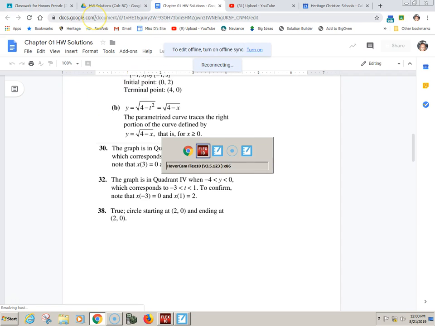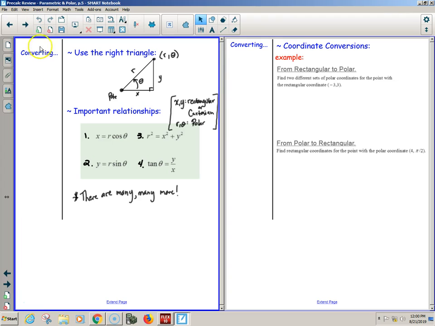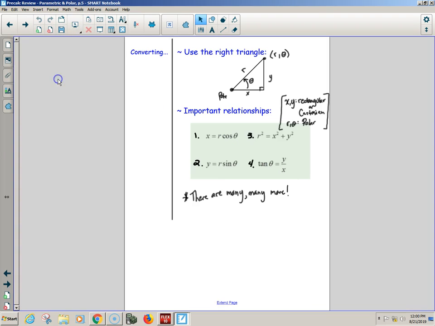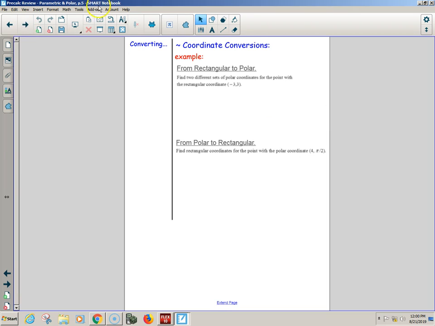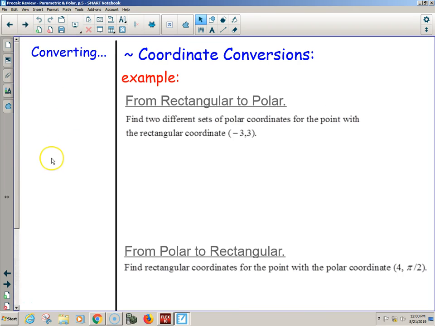As you get back to notes, we were doing this yesterday, the conversions using the right triangle. I'm going to zoom in on the examples that we're going to start today with. We're doing some coordinate conversions, which are point conversions.